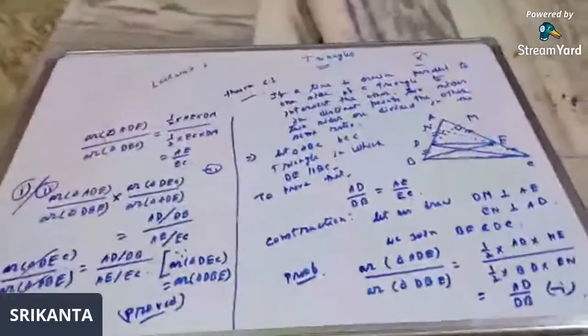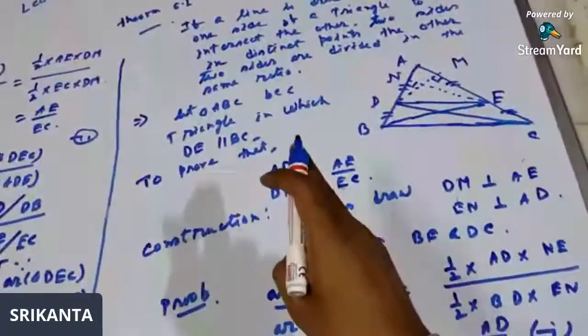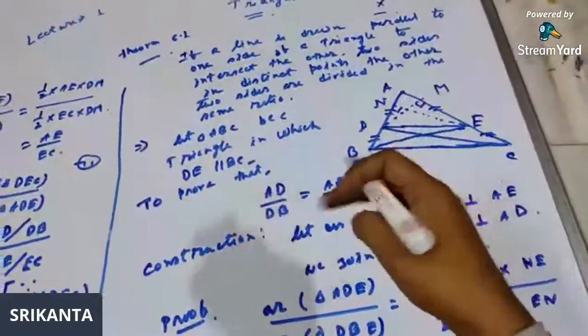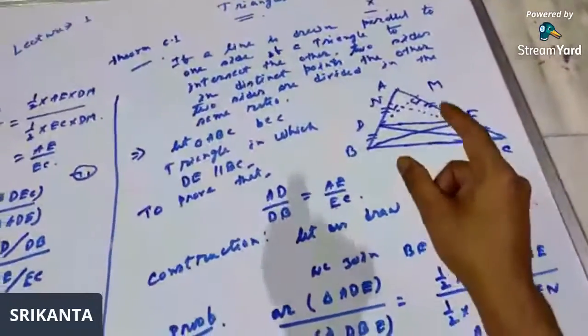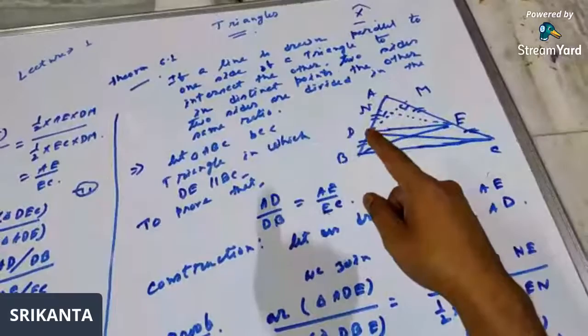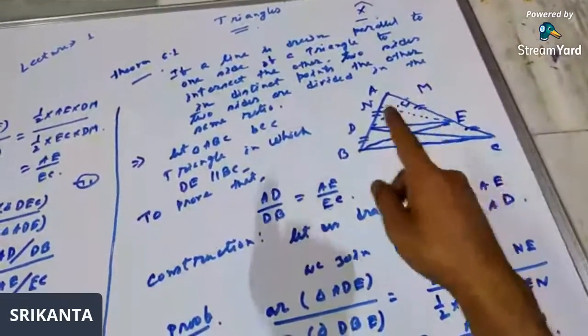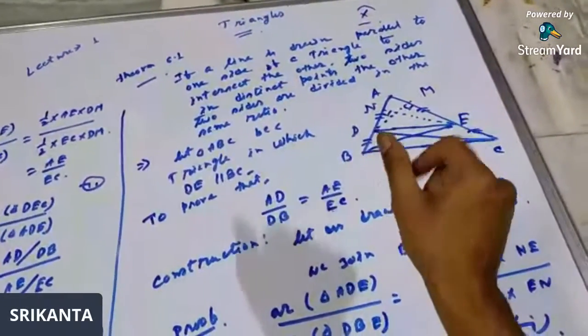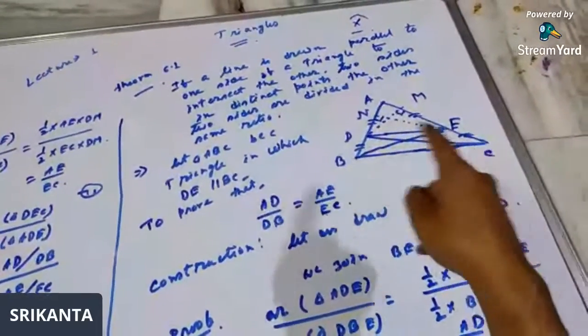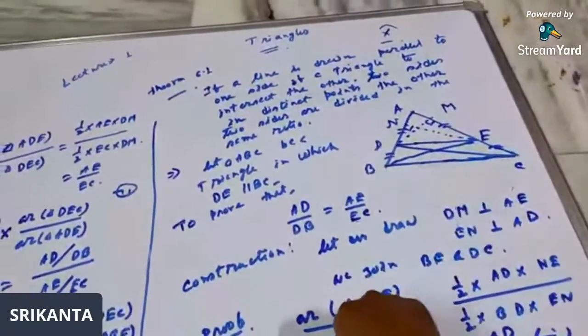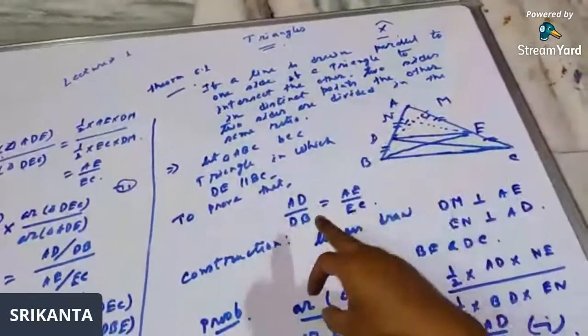So let us quickly recall whatever we have learned. What we have basically done is we have drawn perpendiculars DM and EN, and then we have joined BE and DC. Why? Because we needed these two triangles. Next thing is we have to understand what we need to prove.